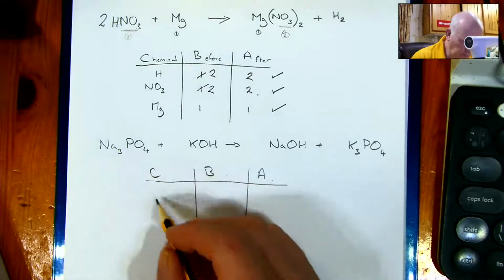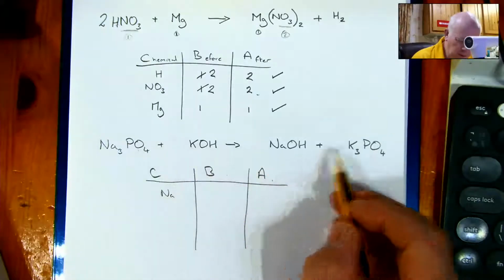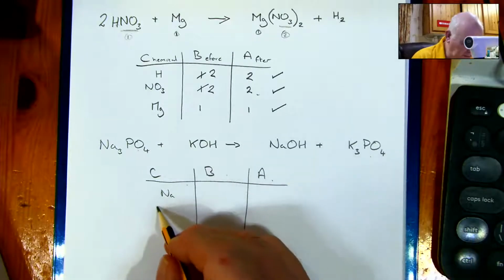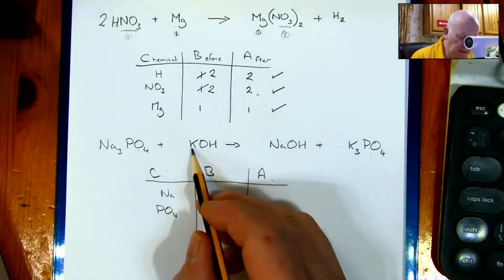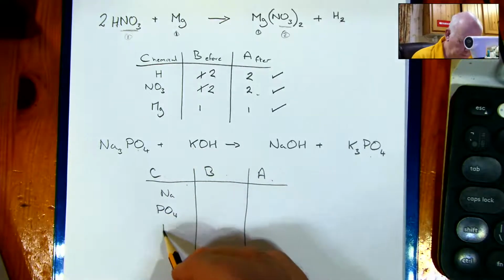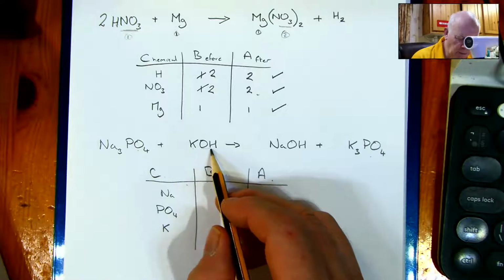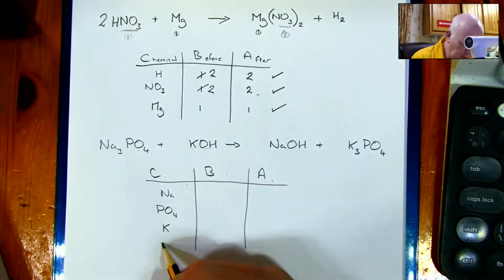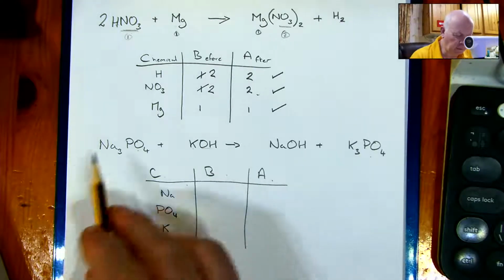So what have we got? We've got some sodium, the phosphate before, phosphate afterwards. I'm just going to write that down all in one go. Then we've got some potassium, symbol K, and OH. OH before, OH after. They're going together, so I'm going to keep them like that. So let's now have a look at the before.